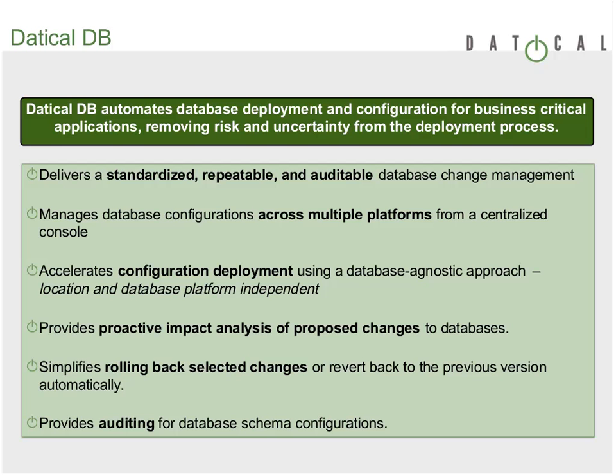We do provide a mechanism for more complex rollbacks. So instead of dropping the table, you can tell Datical DB to copy the data to another table somewhere, so you just have that for posterity. But as far as other traces, we're not leaving orphaned objects in the database.